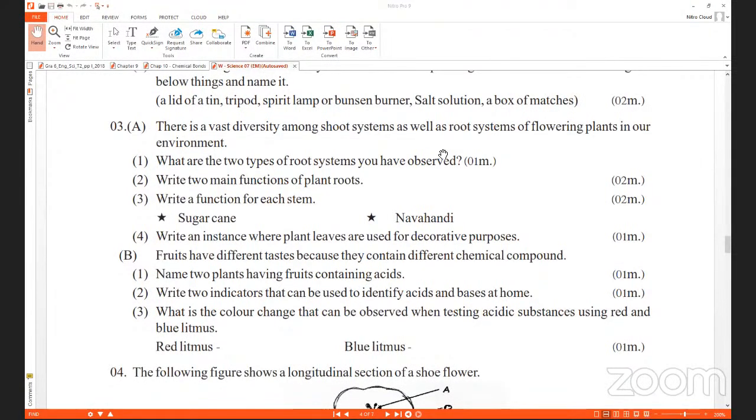Yes. Next. Let's go to the next part. Write an instance where plant leaves are used for decorative purposes. An instance, for decorative purposes. So what do we usually use?